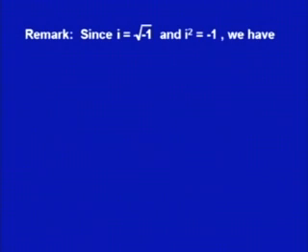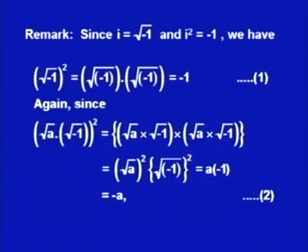And we can remark here, since i = √−1 and i² = −1, we have (√−1)² equal to the product of √−1 and √−1, that is equal to −1.